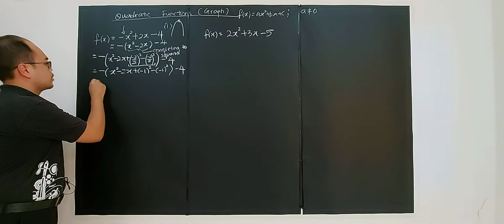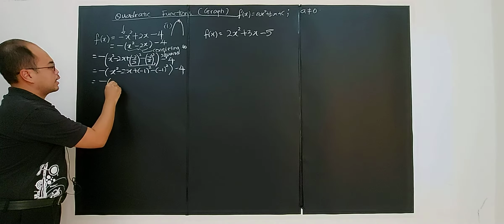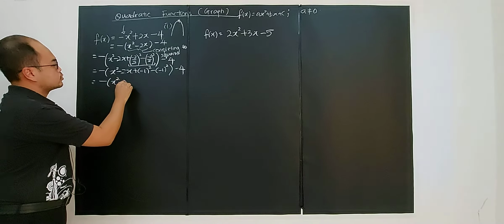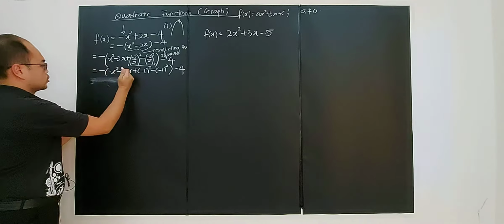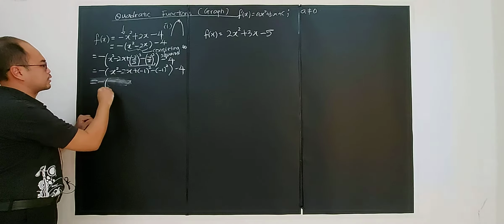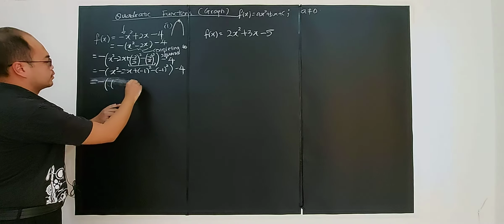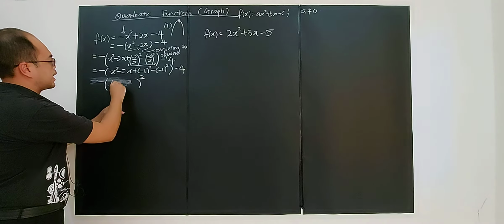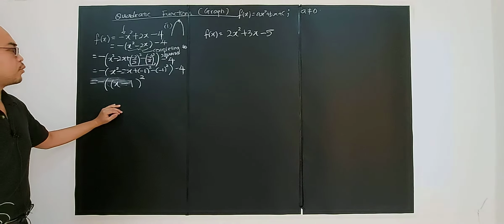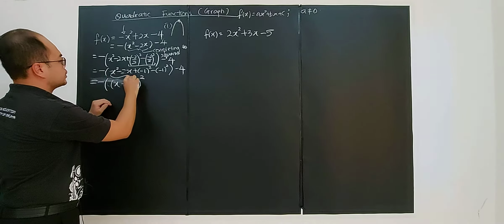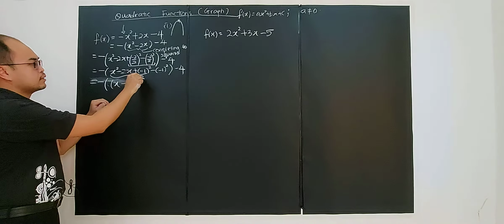So now you have negative x squared minus 2x, and you can already start writing in the completed form. So ax is x, and the negative 1 squared. For these three terms, I rewrite as x minus 1 squared.